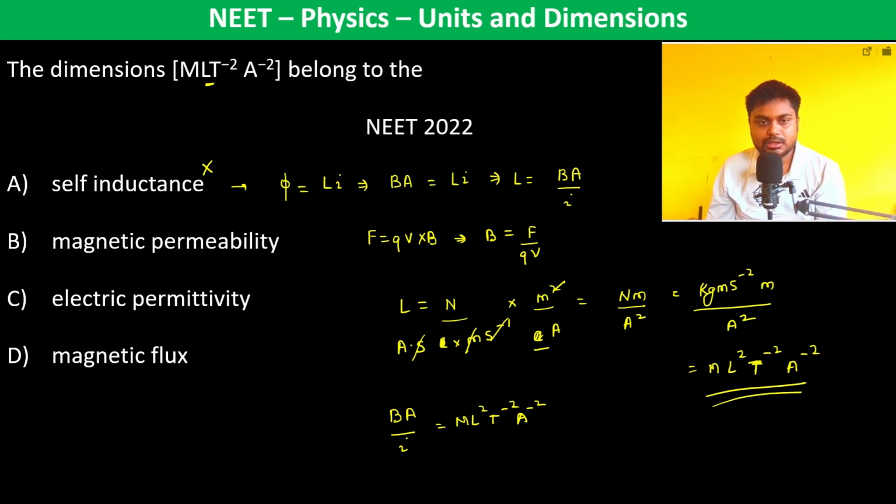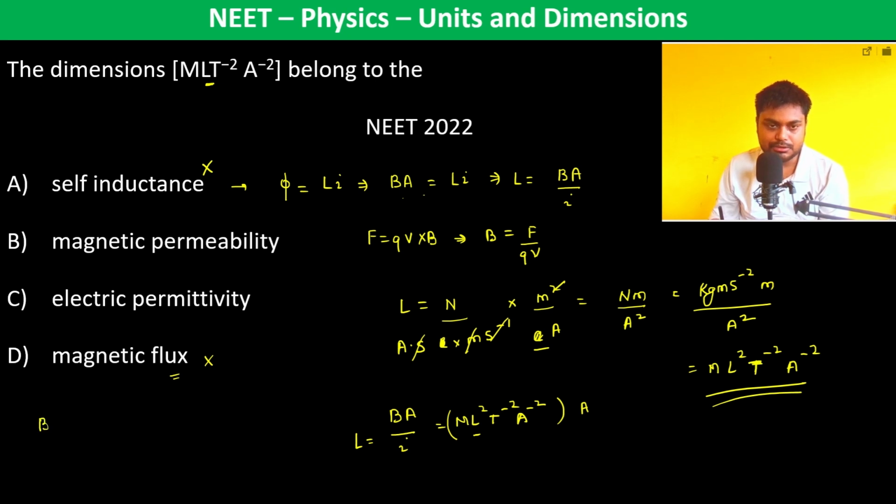Now magnetic flux is again B into A, that means L into I. So if I multiply L into I, just the ampere will get multiplied here, so the dimension is not going to change, so this is also not there. Magnetic permeability, let us see.